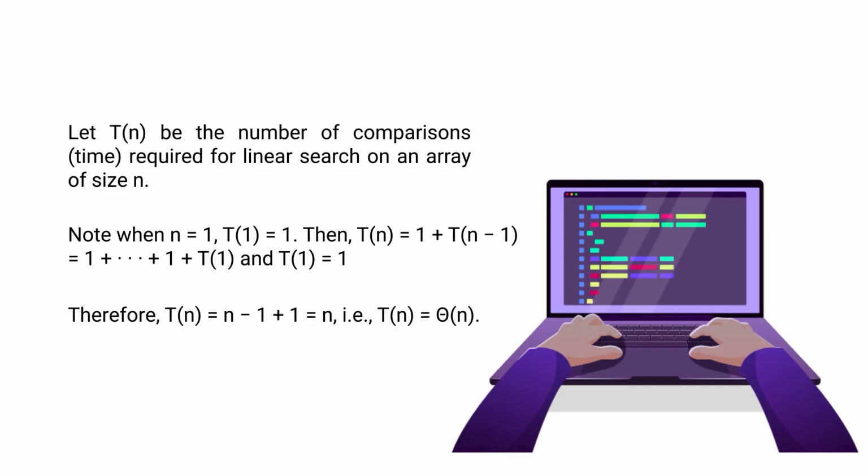So, n minus 1 plus 1, that is n. So, T(n) equal to theta of n. For linear search, using the recurrence T(n) equal to T(n minus 1) plus 1, we get the time complexity theta of n. But this is the case where we use the recurrence relation, the recursive approach. In the iterative approach, you can also solve the linear search problem, and that also takes theta of n time.